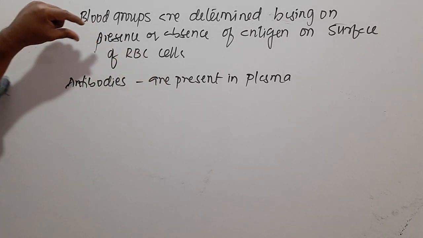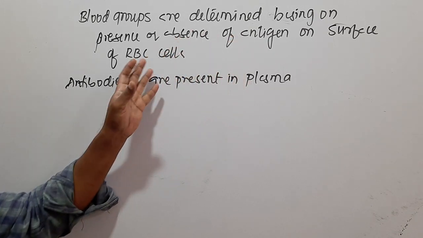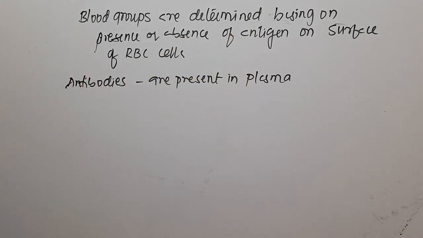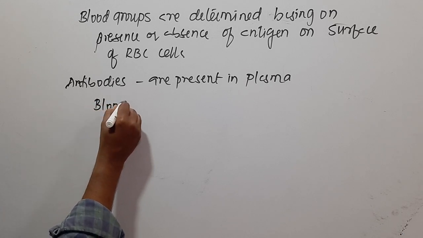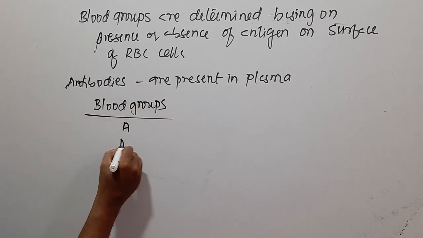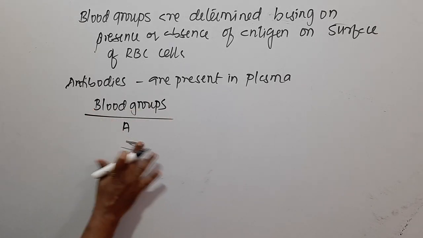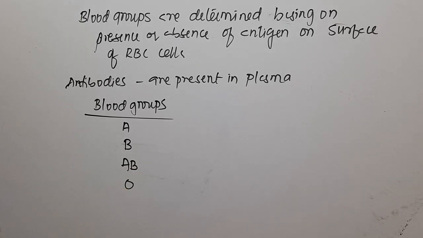Based on what antigen is present on the RBC, we will classify the different types of blood groups. So we have four blood groups: A, B, AB and O blood group.